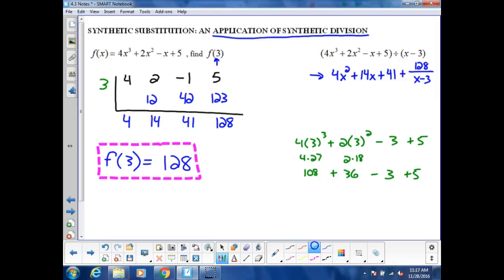Excuse me. Something's wrong there. What did I do wrong? 18. Oh, I went 2 times 18. This should have been 2 times 9. That's where I screwed up. This should have been 2 times 9, which made this be 18. One too many multiplied by 2's. 108 plus 18 is now 126. Minus 3 is 123. Plus 5 is 128.